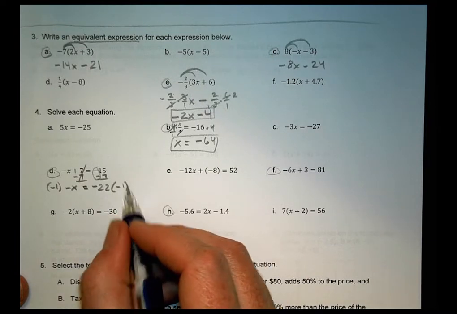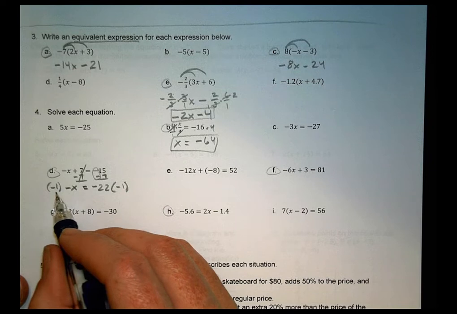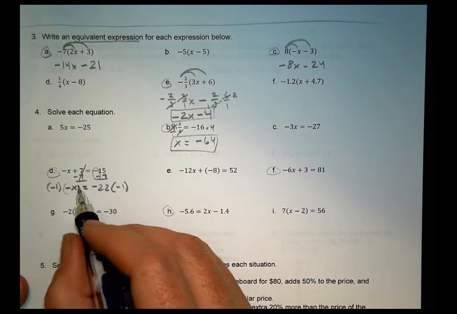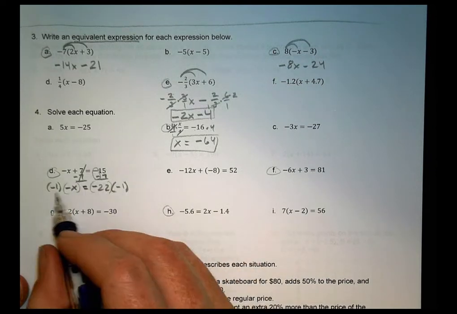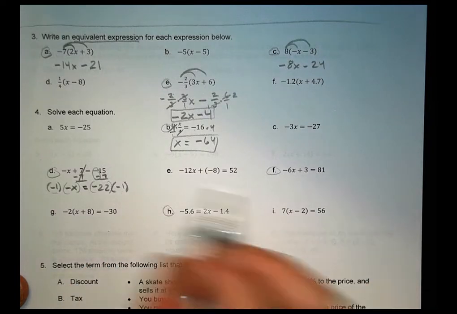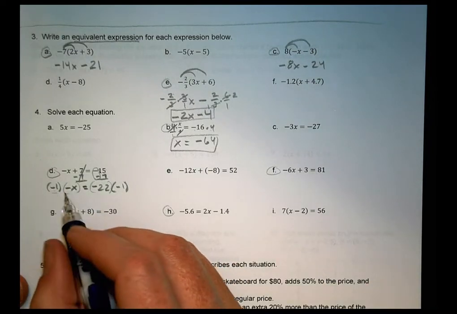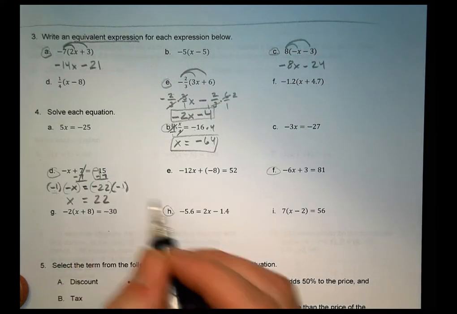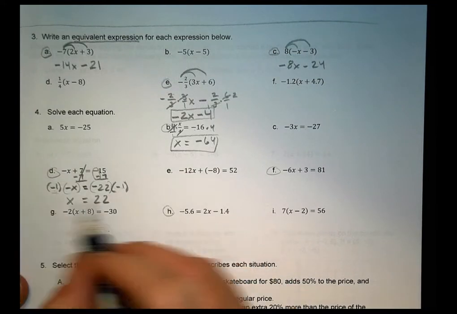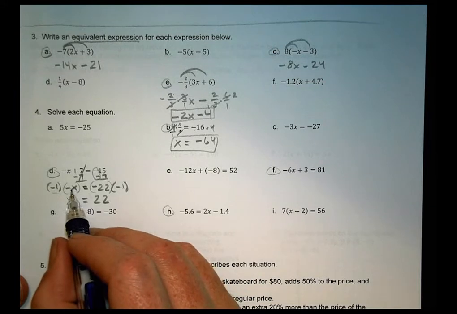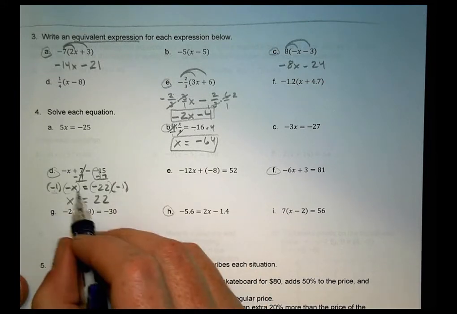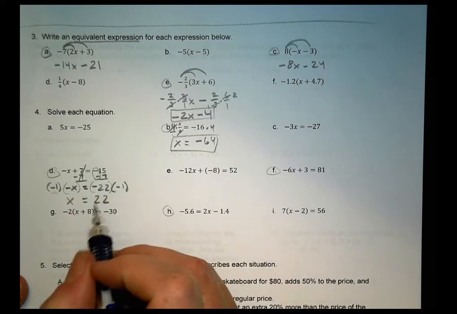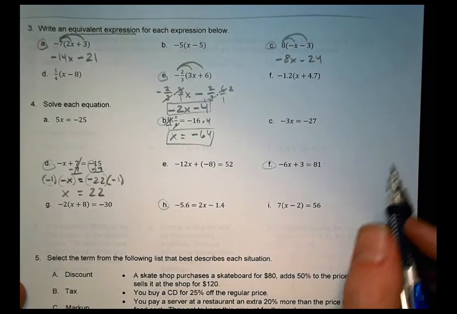Again, it's like a hanger, right? Whatever I do to one side, I need to do to the other side. So as long as I'm multiplying it by the same number, -1, it's okay. And a negative times a negative is a positive. So x equals 22. Again, eventually you get used to knowing, okay, I'm going to make this positive by multiplying the whole thing by -1, so change all the signs. But for now, I just want to show you how we did that.